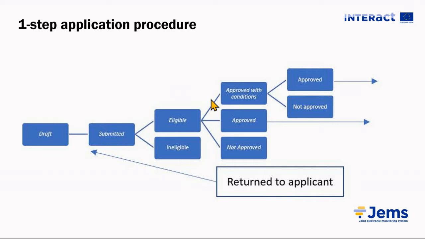The result will then be either an approval with conditions, or a non-approval of the project. If the project has been approved with conditions, it will be returned to the applicant for modification in order to fulfill the conditions, then resubmitted, and finally the decision will be either an approval or a non-approval of this application.